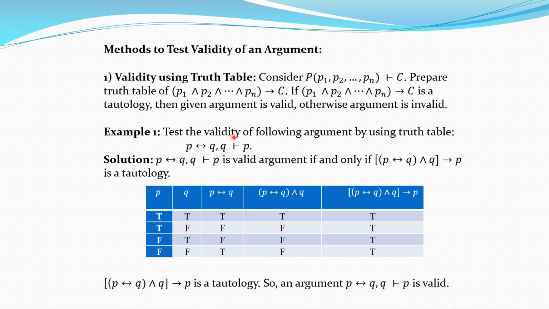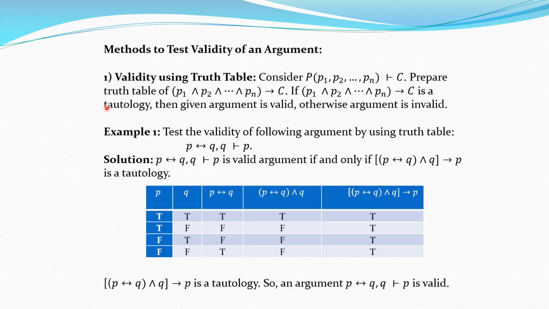Test the validity of the following argument by using truth table. P double implication Q, Q implication P yields P. Now, whatever is written to the right of the yields symbol is the conclusion. So in this case the conclusion C is nothing but P. Now, this is one hypothesis, this is another hypothesis. So, you can consider this as premise P1 and this as premise P2.